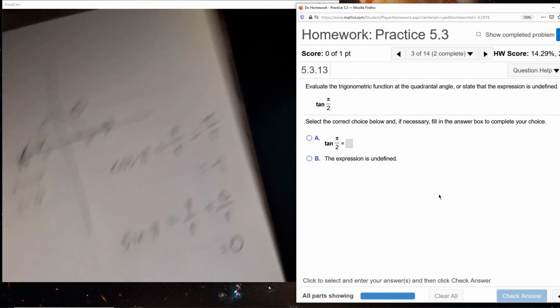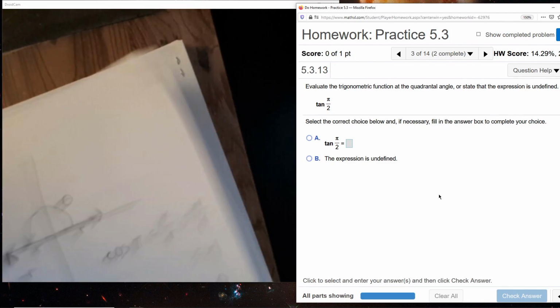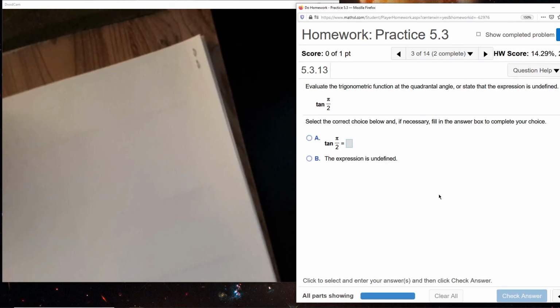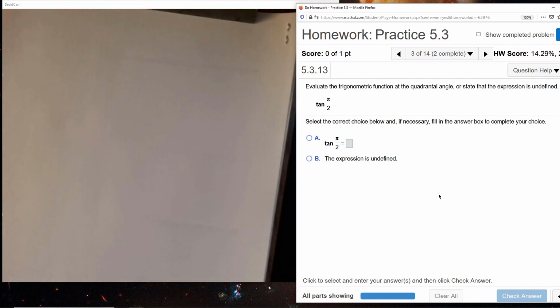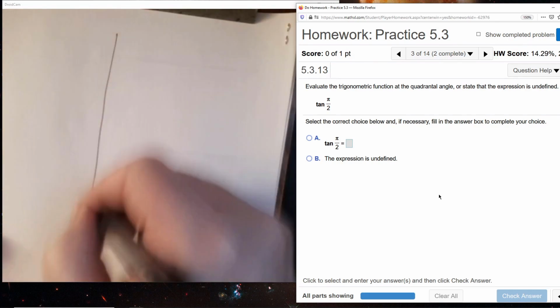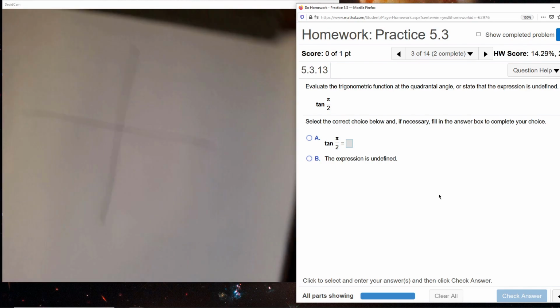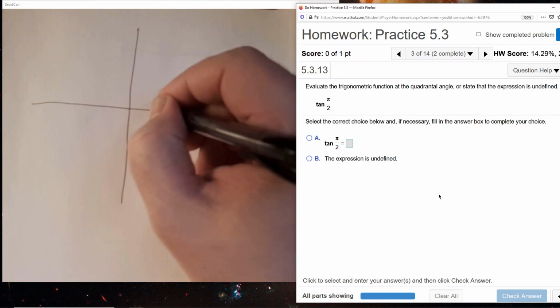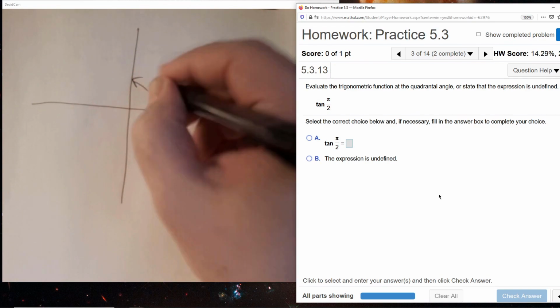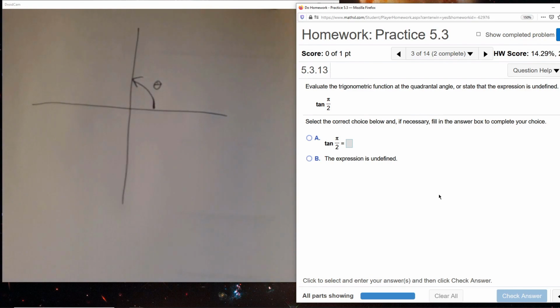Oh, and we do have some more examples of this one. Now we have a tangent of pi over 2. So let's check that out. So pi over 2, 90 degrees, is our standard angle.